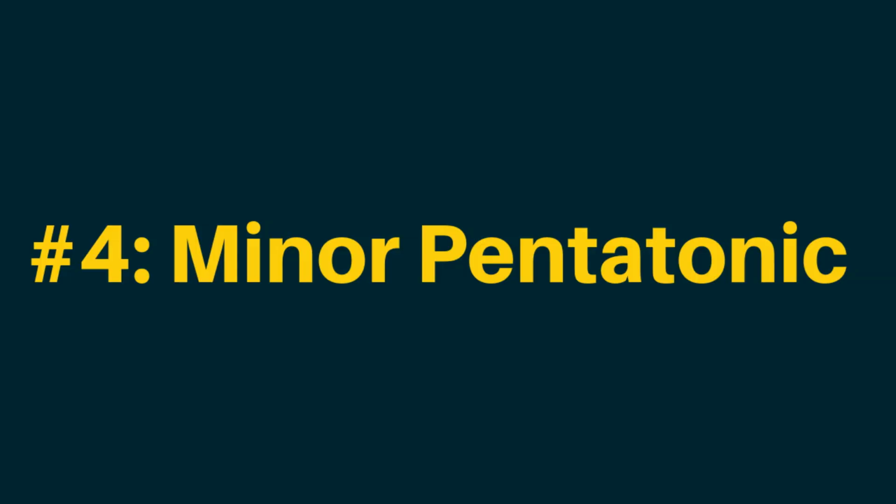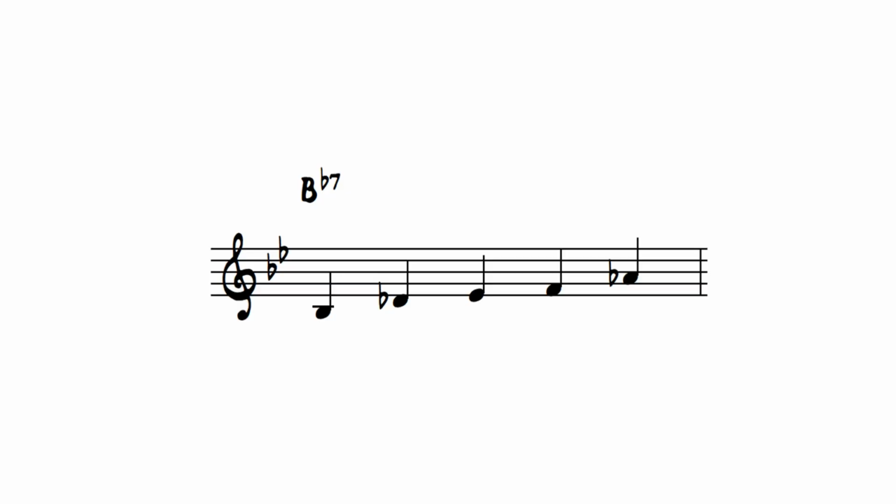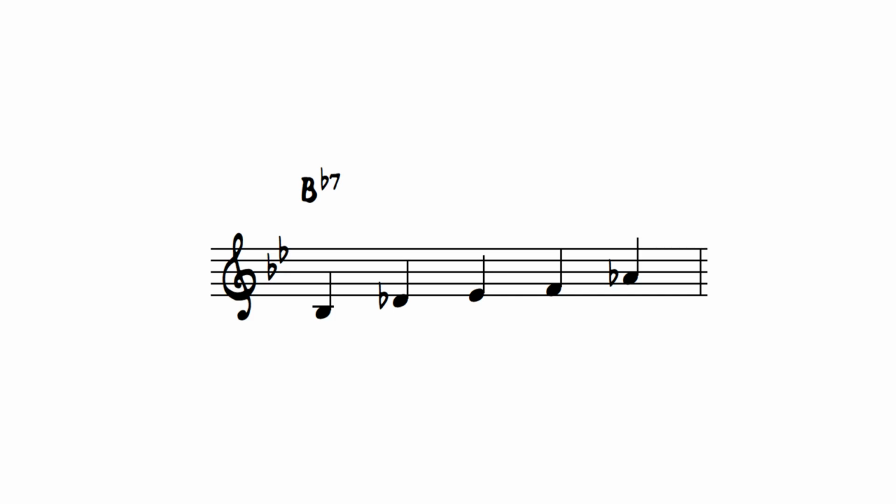So first we have the minor pentatonic scale. So if we're again in concert B flat, we have, and that's pentatonic, so only 5 notes, but of course important to play in 2 octaves at least. Of course, if you play an instrument like me, like a guitar, then you want to play it in different positions on your instrument, all that good stuff, right?